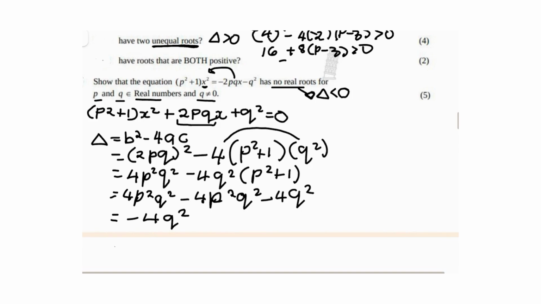So we conclude by saying, therefore, delta is less than 0. It means it has no real roots. Okay, so that is our final answer.